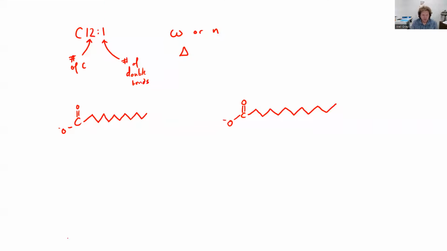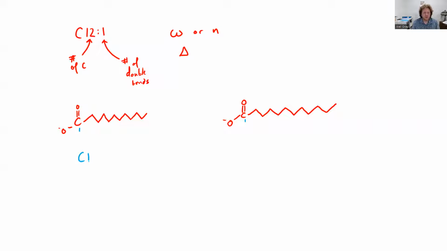For comparison, I put together two fatty acids. These are both 12 carbon long fatty acids. The difference between them is whether they use the omega or the delta numbering scheme. Your highest priority carbon is going to be that of our carboxylic acid, carbon number 1 there.